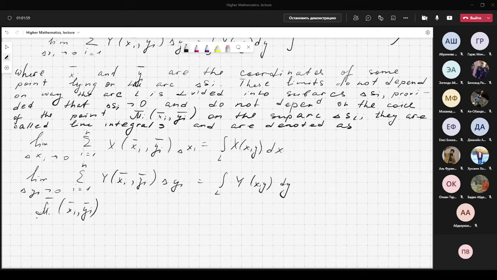The theorem makes it possible to develop a method of computing a line integral.